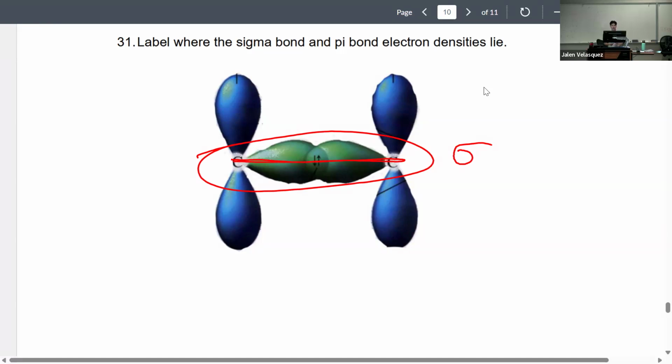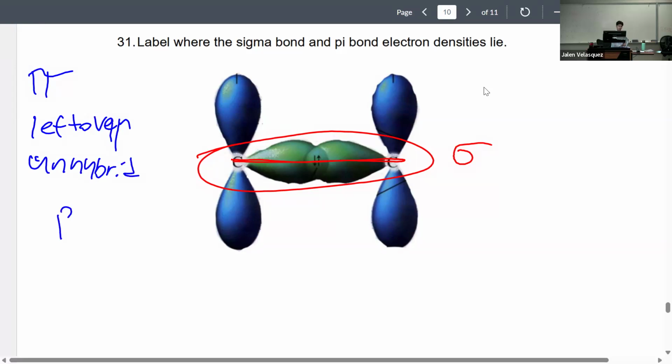Remember, pi bonds are leftover, unhybridized p orbitals, right? The way you can remember that is think of your Thanksgiving dinner or Christmas dinner.